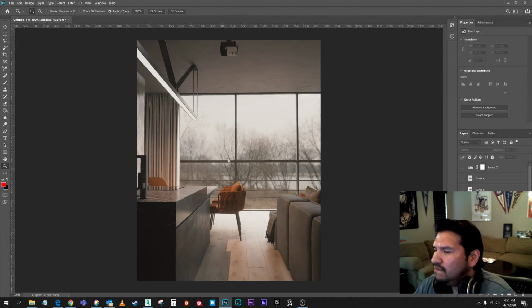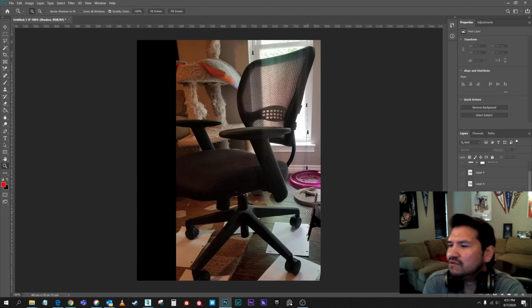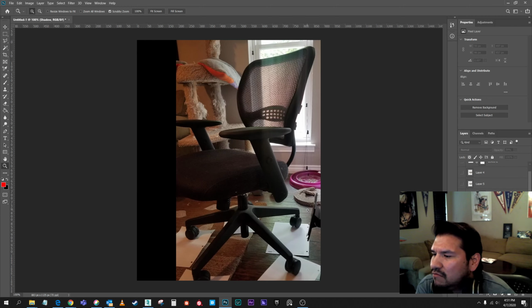If we look back at our reference image, this is actually a pretty cloudy day for me over here in Texas, and we're still getting a lot of extra light. Even these wood floors, they're not the shiniest wood floors in the world, but they are relatively shiny, and you can see the difference in luminance between one and the other.